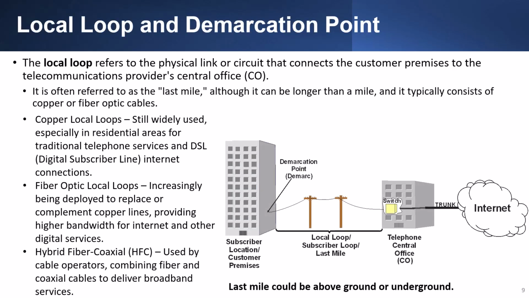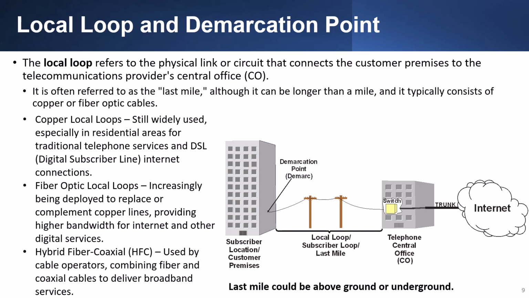The local loop refers to the physical link or circuit that connects the customer premises to the telecommunications provider's central office, or CO. It is often referred to as the last mile, although it can be longer than a mile, and it typically consists of copper or fiber optics cables. Copper local loops are still widely used, especially in residential areas for traditional telephone services and DSL internet connections.